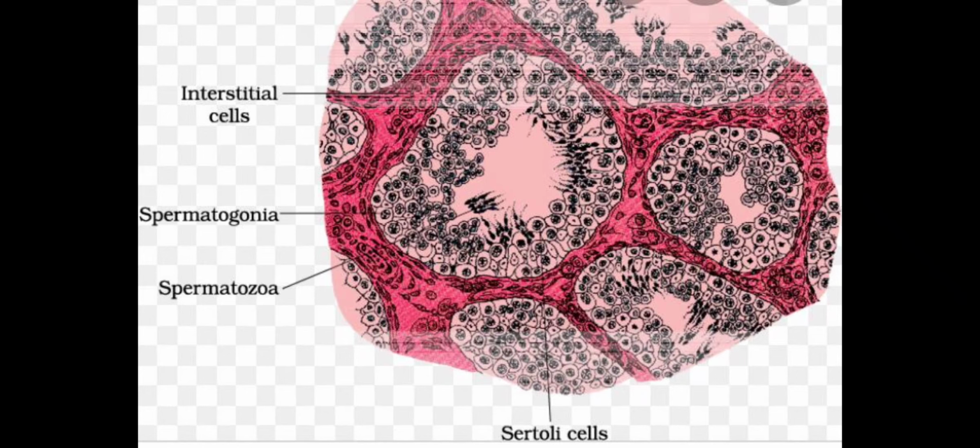These interstitial cells or Leydig cells synthesize the male hormone known as testosterone, which is also called male androgen, and it is basically responsible for the development of secondary sexual characters in the male. So, this is all about the internal structure of the primary organ of male, that is testes.